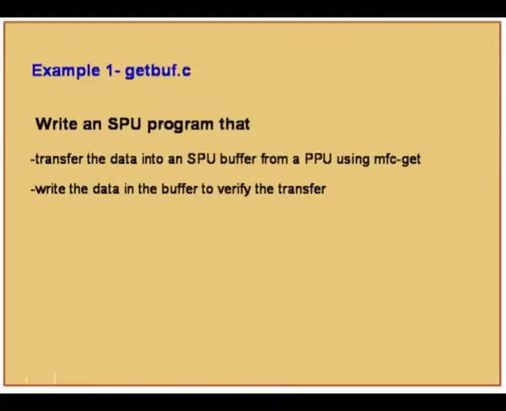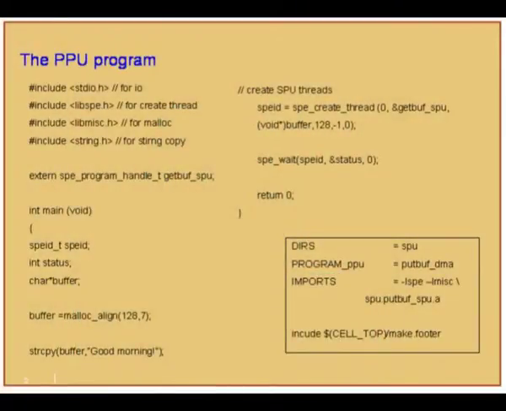So from the effective address space, using the MFC get operation, it will write the data buffer, and then get the data into the SPU, and then write the data in the buffer to verify the transfer, basically just print it. So this is how the PPU program would look. Do all the defines. The libspe is the SPE runtime management library, and then just standard header files.